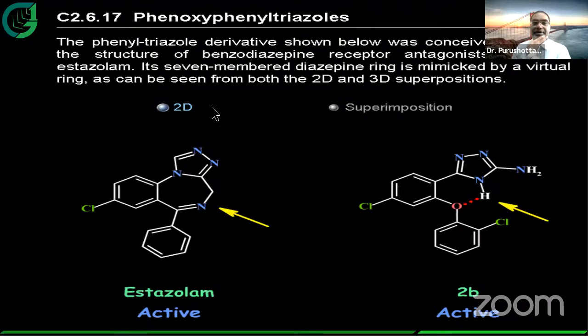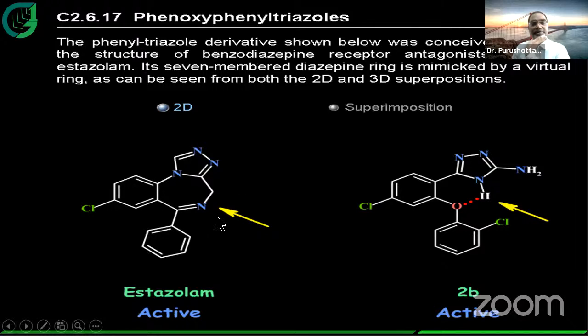Actually, you are breaking a 7-membered diazepine ring, and it is now simply a phenyl triazole ring you are replacing it with. And what happens here?